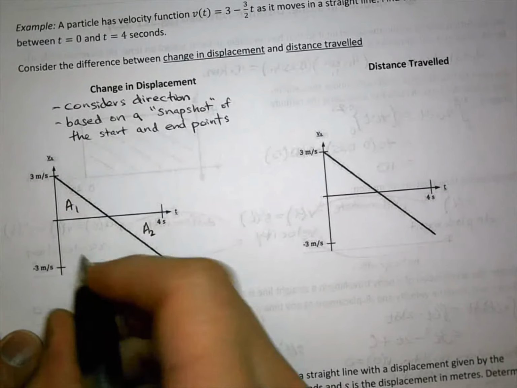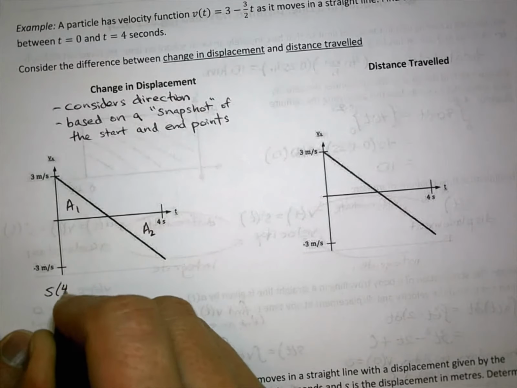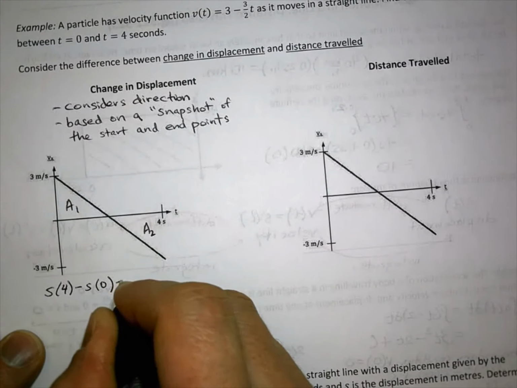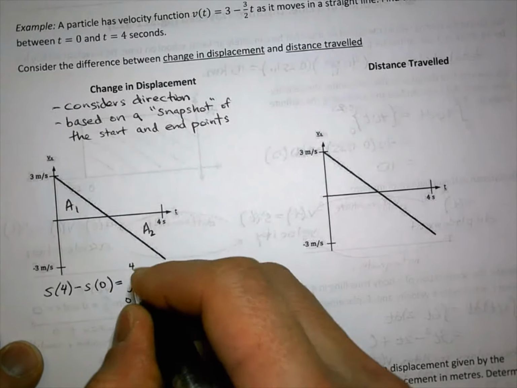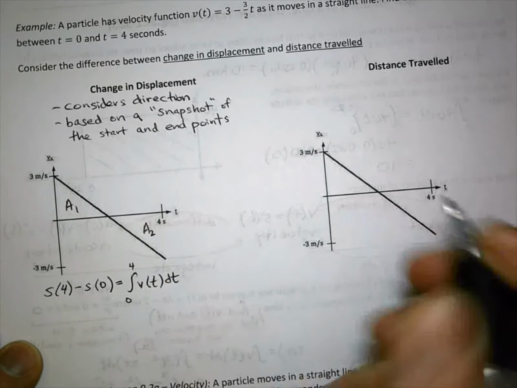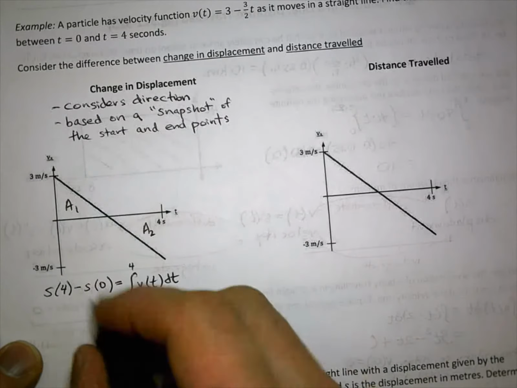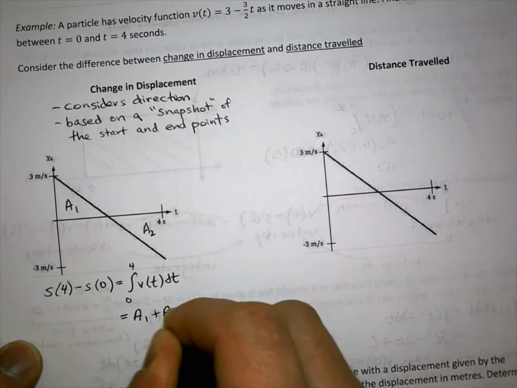So the change in displacement is s at 4 minus s at 0, which is the integral from 0 to 4 of velocity. Now again, what we can do here is find the areas instead. So I'm going to add area 1 plus area 2.